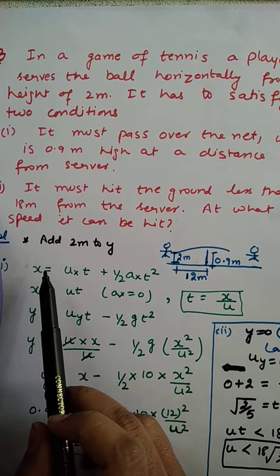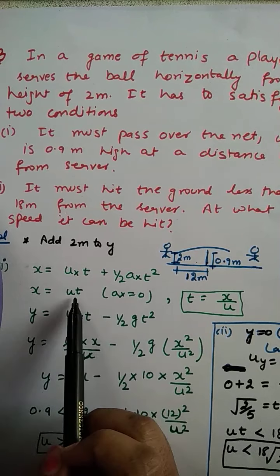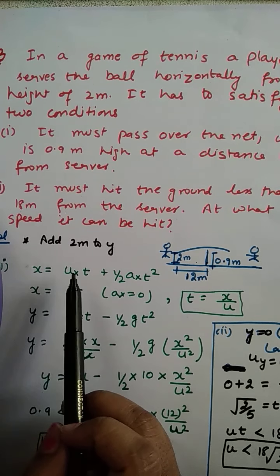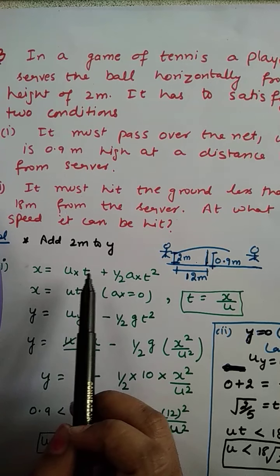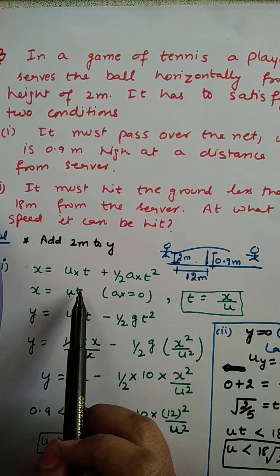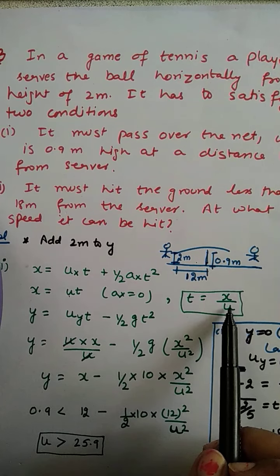So we will use the expression x is equal to ut plus half a_x t square. In this one, you don't break the component into u cos theta and u sin theta. Just keep it as u. So you will get x is equal to u into t. From here you get the value of t as x by u.